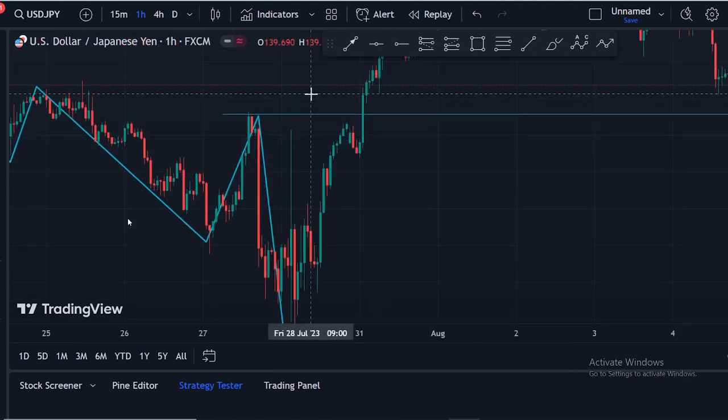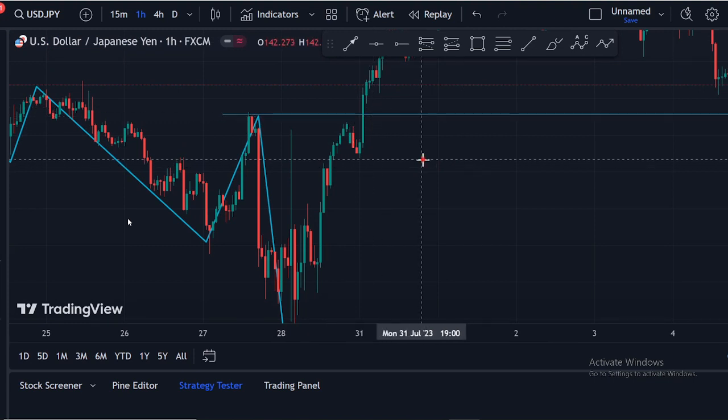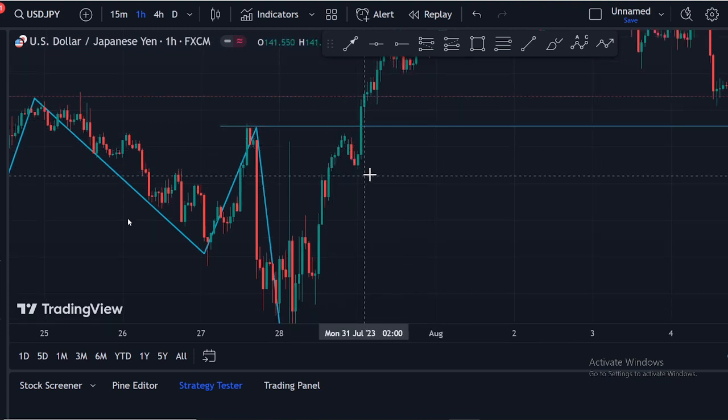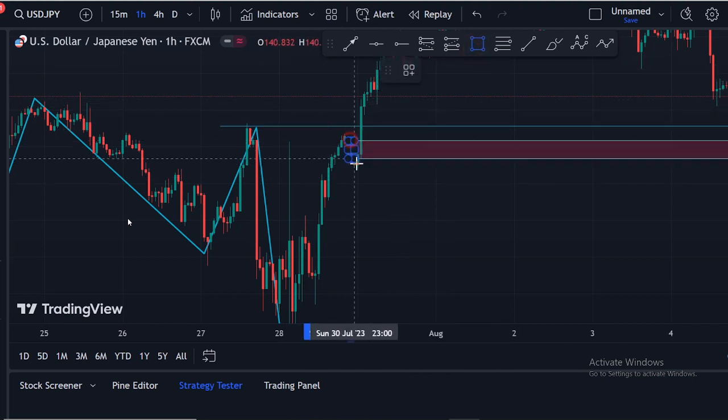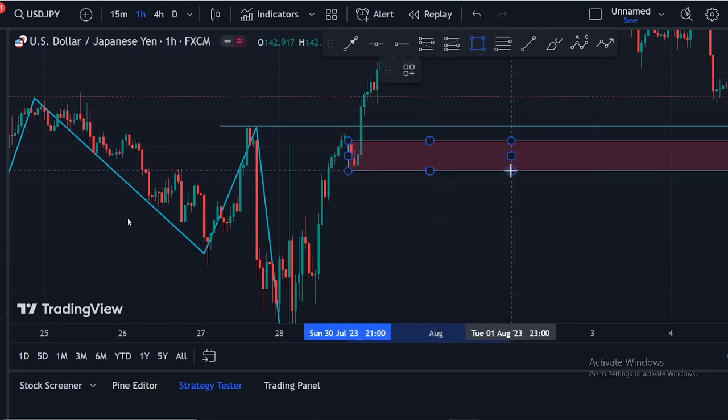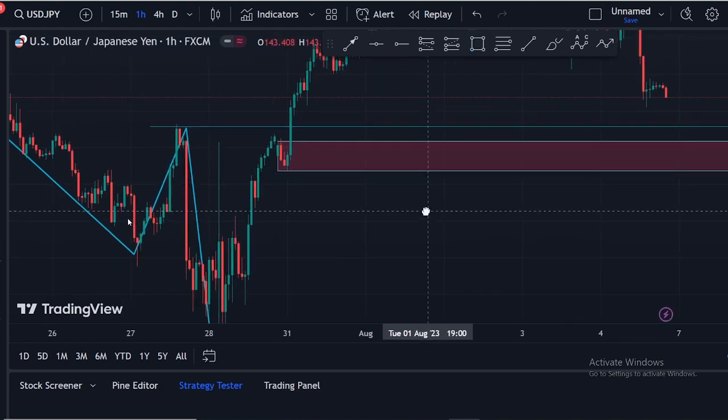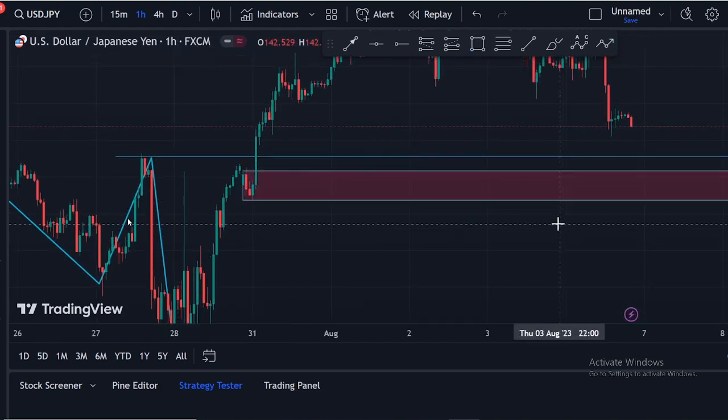So when we break this area, we expect the market to come back to a consolidation that has happened before that area, and our consolidation would be this area around here. So the market will in the future attempt to come back and touch that area.